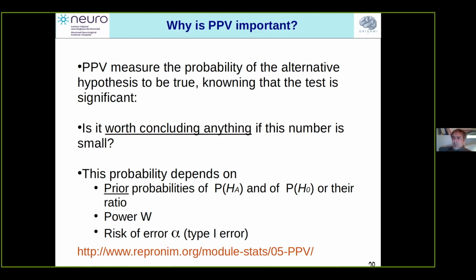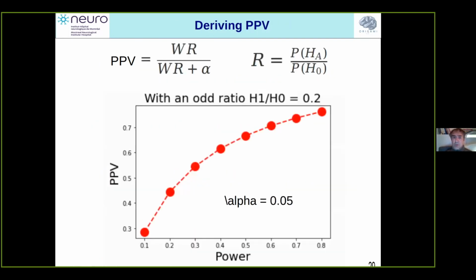That probability, the PPV, depends on the prior probability of how likely the alternative or the null are, and their ratio, and also on power, as well as on alpha, the type 1 error risk. So you can easily compute that number when you have those three things: W the power, R the odds ratio, and alpha the type 1 error.